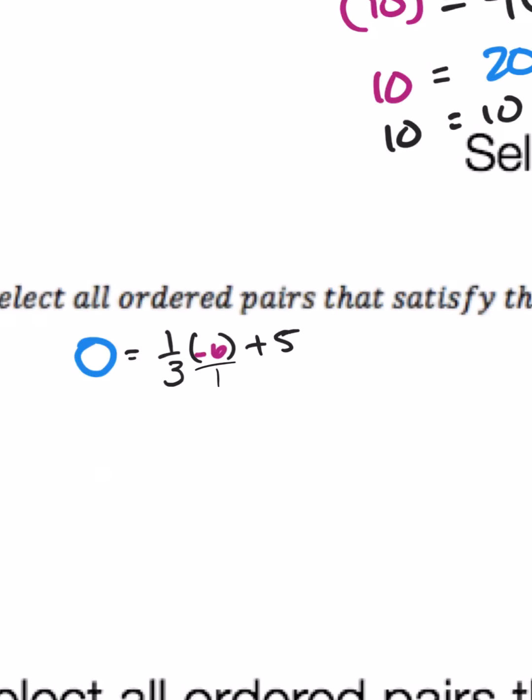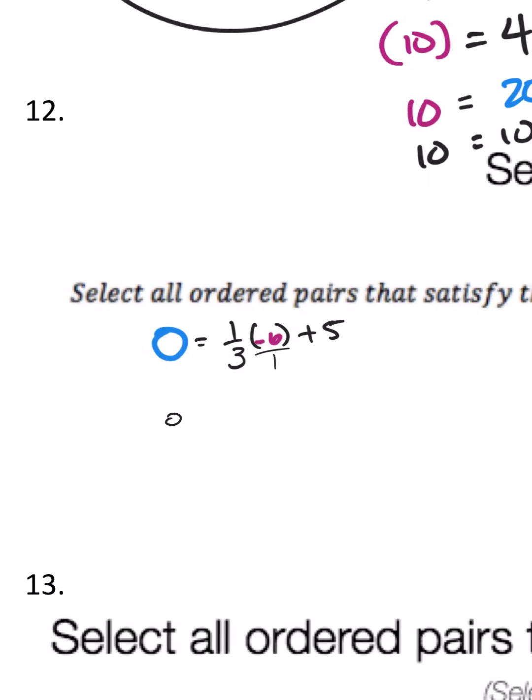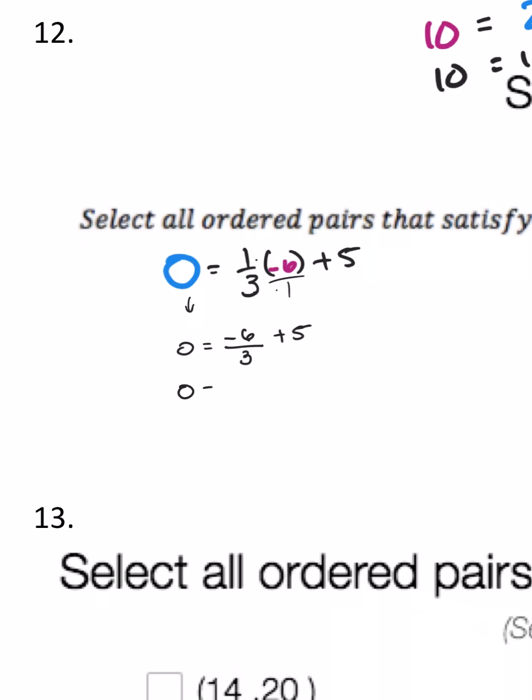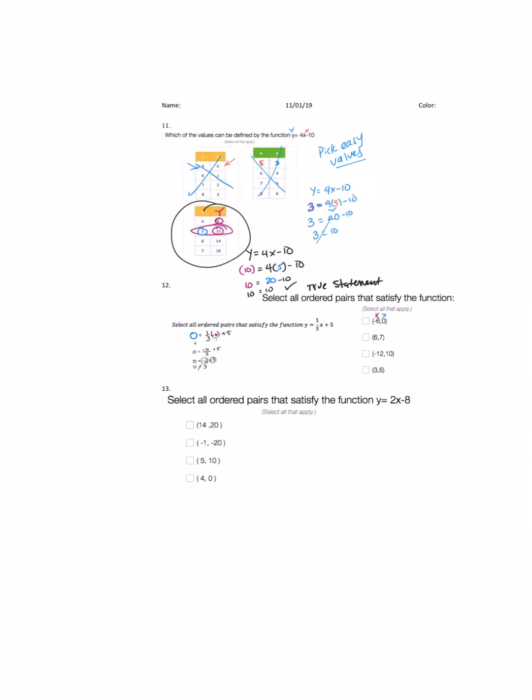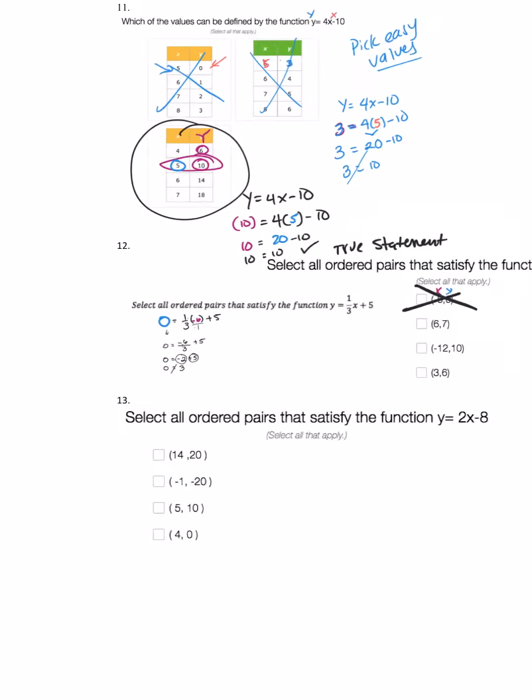Oh, you got to put it on top of a 1. So, 0 equals, bring it down. 1 times negative 6 is negative 6. 3 times 1 is 3 plus 5. Be careful. 0 equals negative 6 divided by 3 is negative 2, plus 5. Do you have more positives or more negatives? More positives. This is not true. This point does not satisfy.